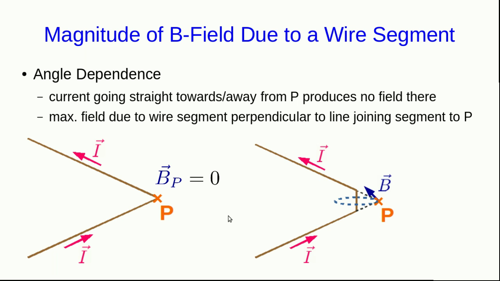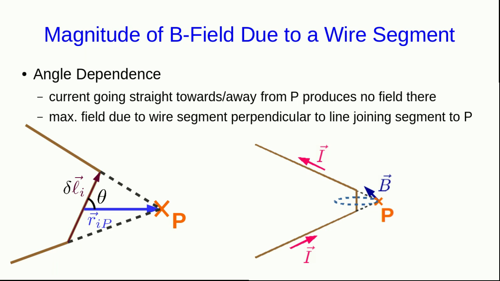And so now that allows you to isolate a short piece of wire by building your short piece of wire near a point P and having the supply to it be wires coming in and out that go straight at or away from P. The next thing to notice is that the maximum field strength occurs when the wire is going perpendicular to a line joining that piece of wire to the point P where we want to know the B field.